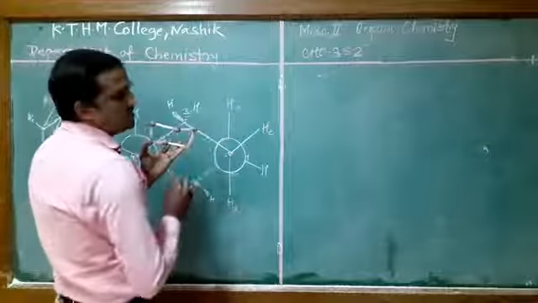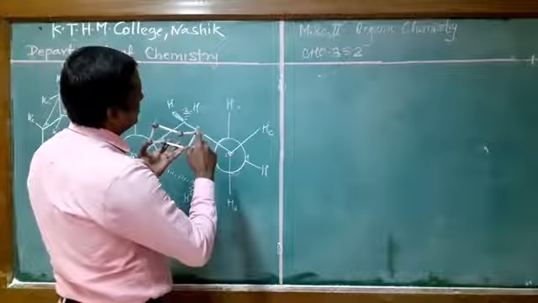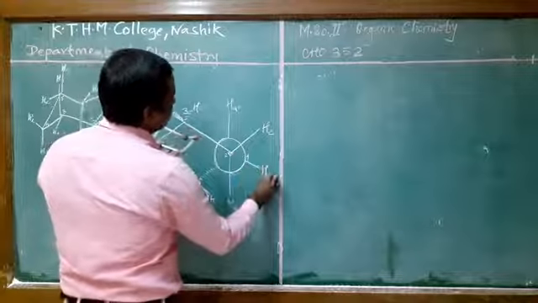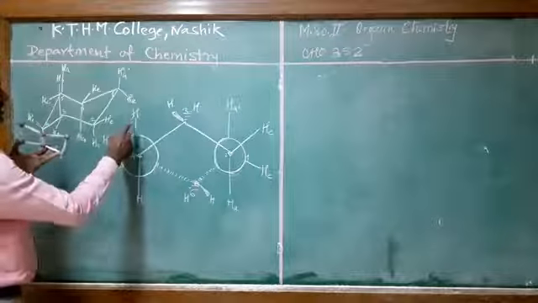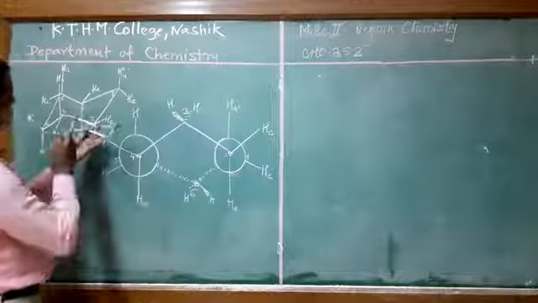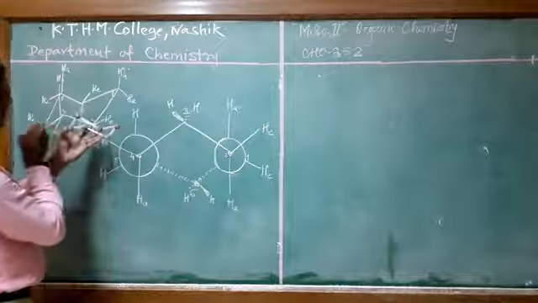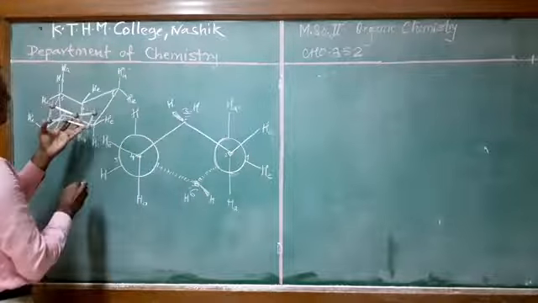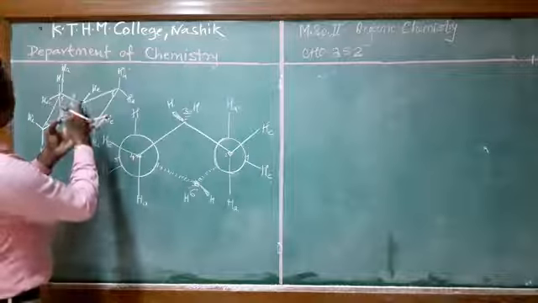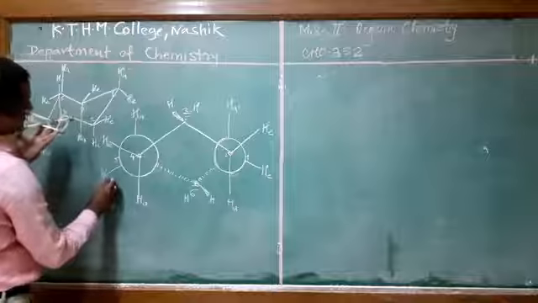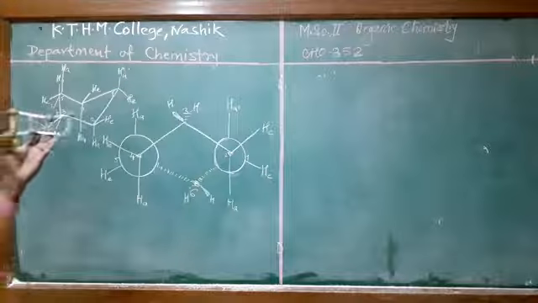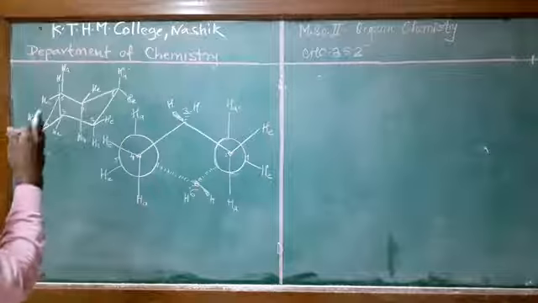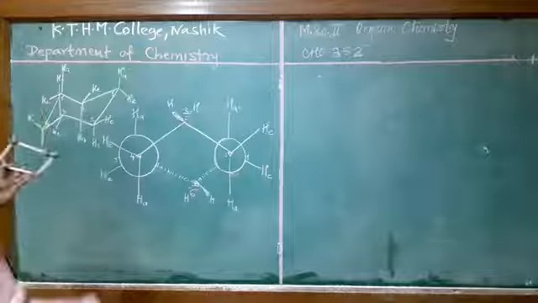Similarly, for the backside carbon 1, the upward direction hydrogen is axial, and the downward direction is equatorial. Similarly for carbon number 4, the downward direction is axial, and the upward direction on the left hand side is equatorial. Similarly for carbon number 5, the upward direction is axial, and this one, downward direction on the left hand side, is equatorial. So this is the simple representation of cyclohexane in Newman's projection for the chair conformation.